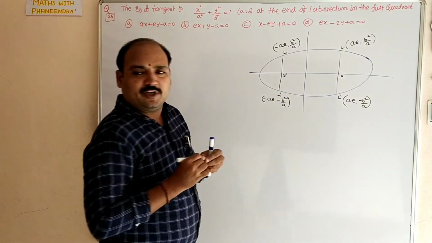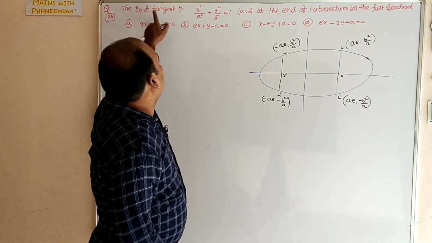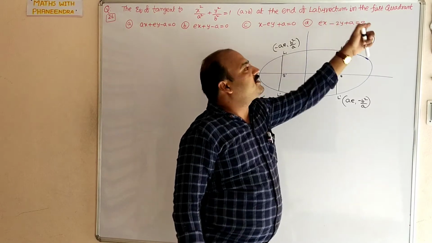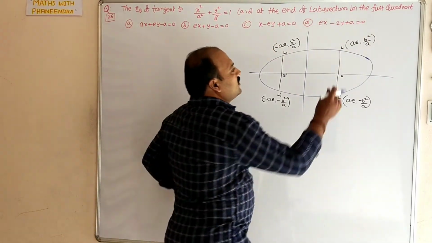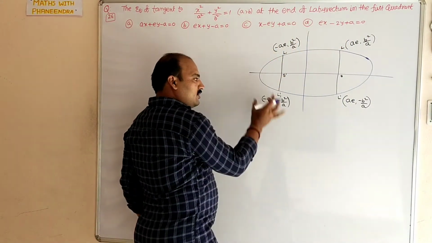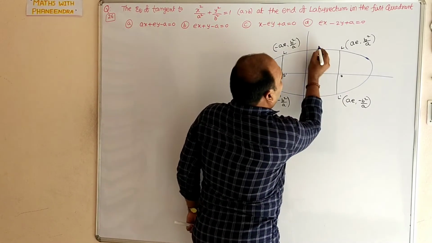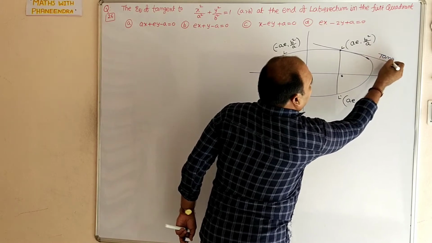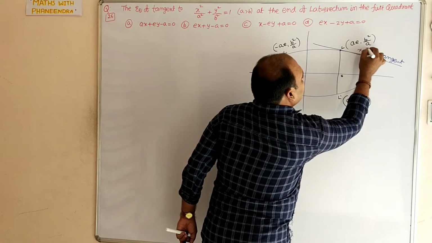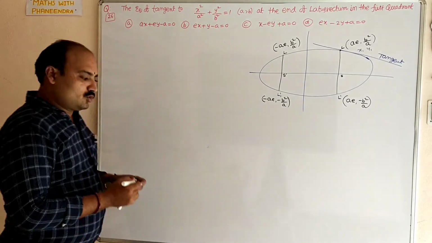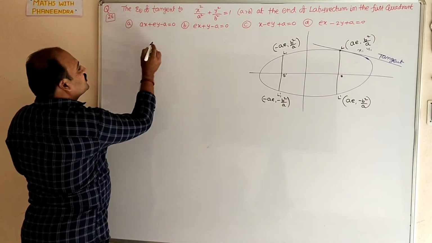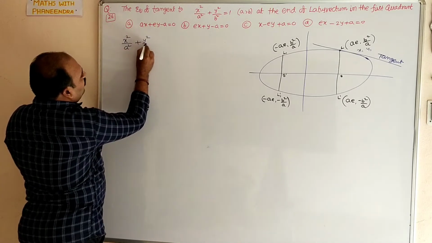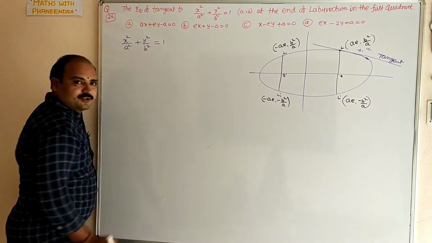In this question they are asking the equation of tangent to the ellipse at the end of the latus rectum in the first quadrant. This is the first quadrant, second quadrant, third quadrant, fourth quadrant. At this point they are asking for the tangent. I am taking this as (x1, y1). We know the equation of tangent to the ellipse x square by a square plus y square by b square equal to 1, which is the equation of the ellipse.